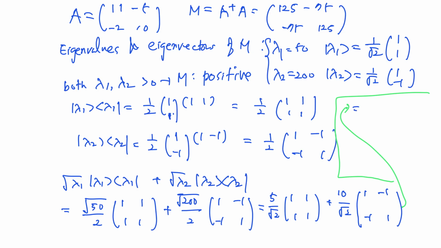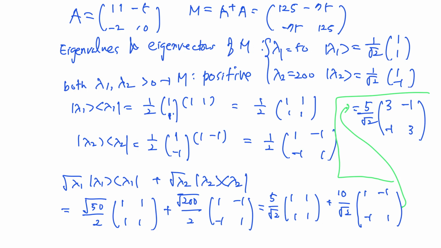So we can actually combine, 5 over square root of 2. Let me see, that is 3, minus 1, minus 1, 3, right? So we can have a common factor 5 over square root of 2: 1, 1, 1, 1 plus 2, minus 2, minus 2, 2 gives 3, 3.